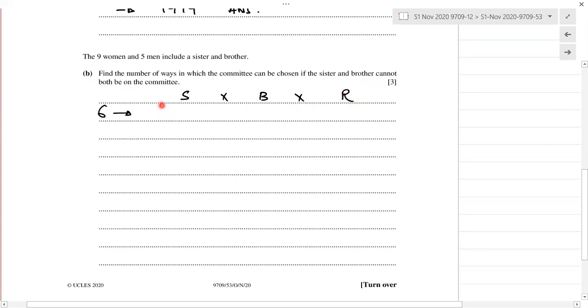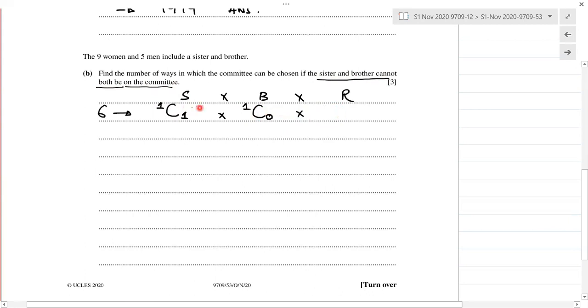Let's say we are selecting the sister, so we have one sister. If we have selected a sister, then we cannot select the brother, because the sister and brother cannot both be on the committee at the same time. So that's 1C1 and 1C0 for the brother.